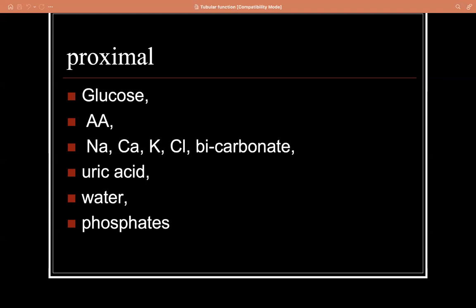All those are also added into the body. So the body basically is an acid manufacturing machine.